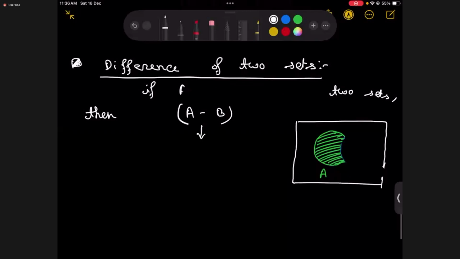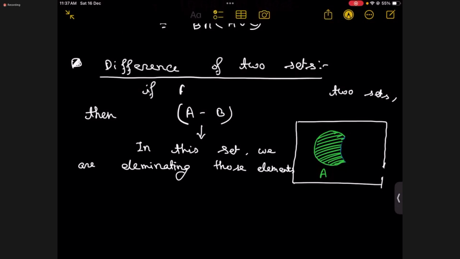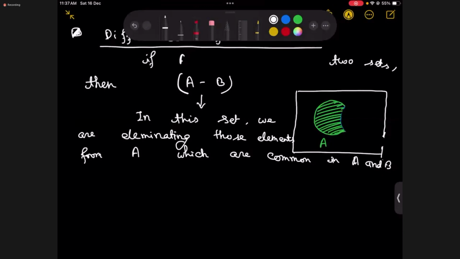So in this set, we are eliminating those elements from A which are common in A intersection B, which are common in A and B. So in particular, we can write this like this.